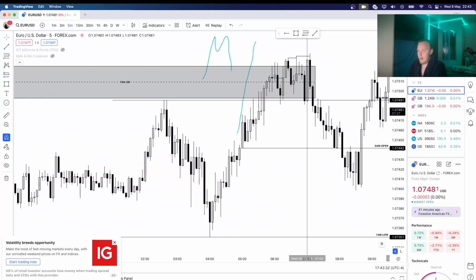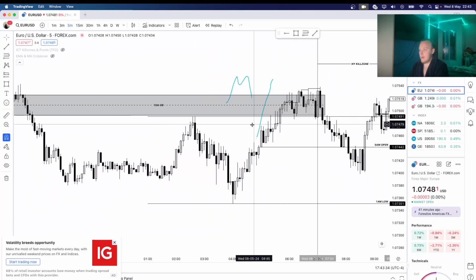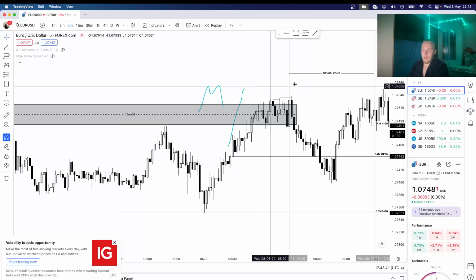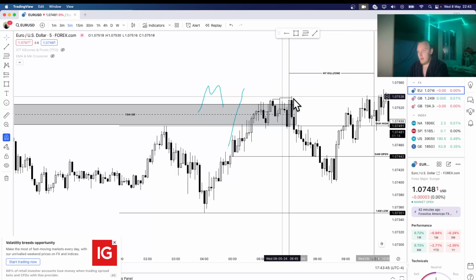So if price is telling us, cool, we're sweeping out 1 a.m. high and seeing rejections, are we going to enter straight away, or are we going to wait for time? Because time, we can see price taps back into this high that got swept, then we wait.